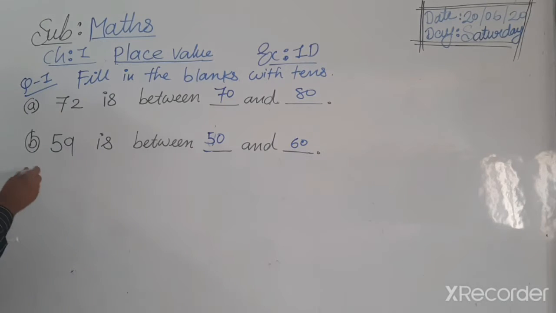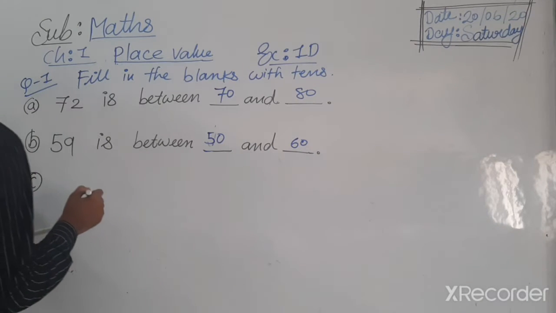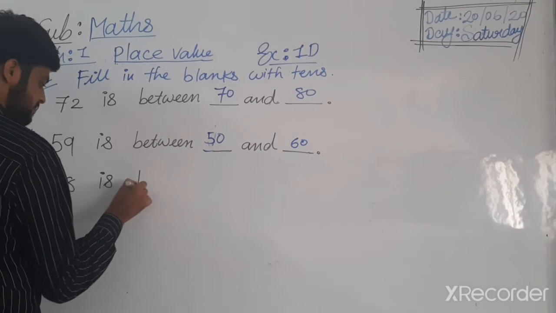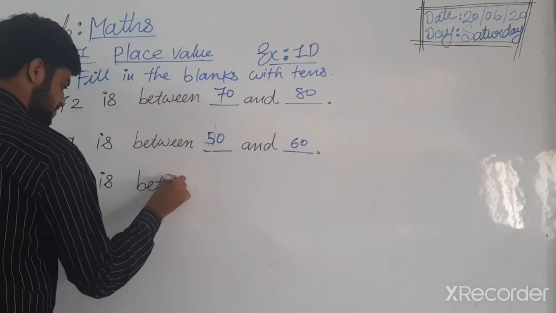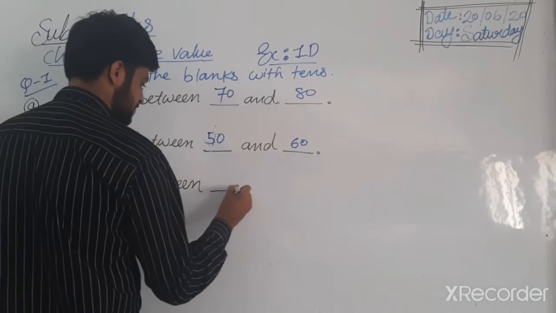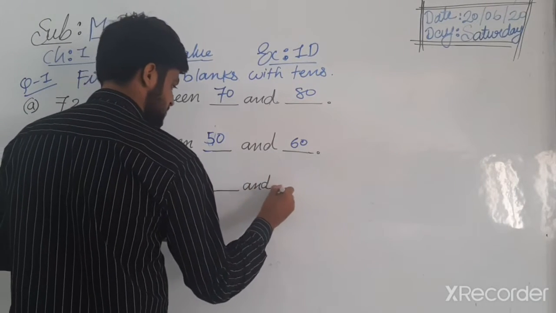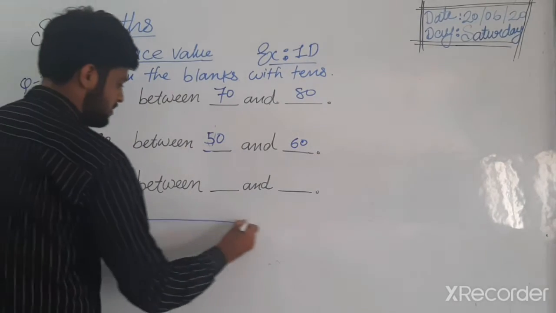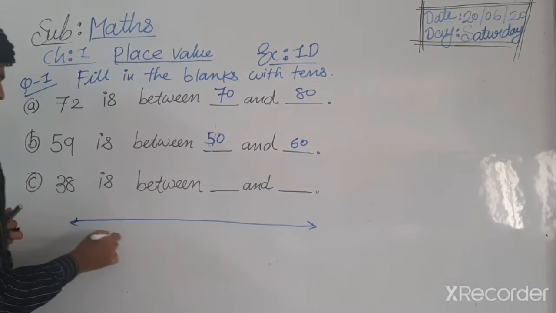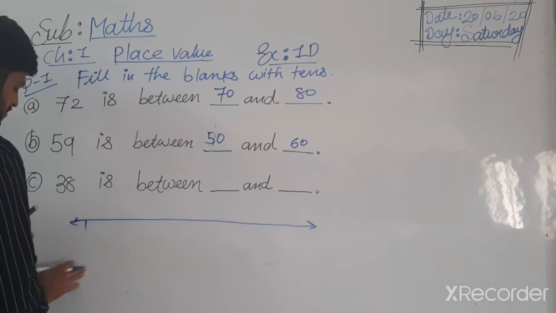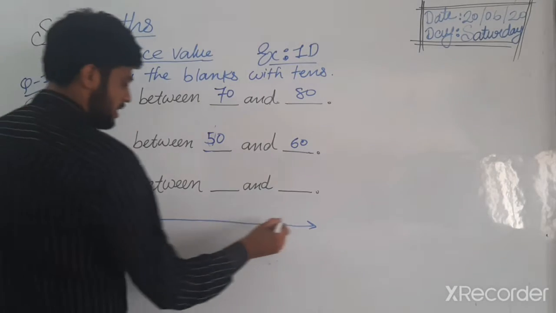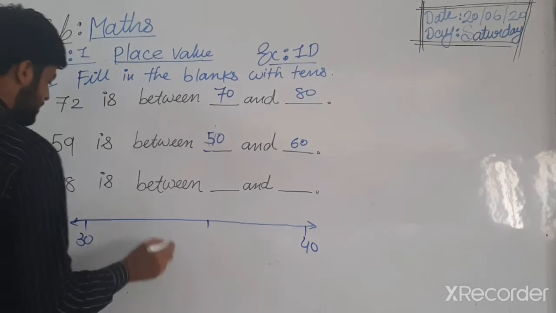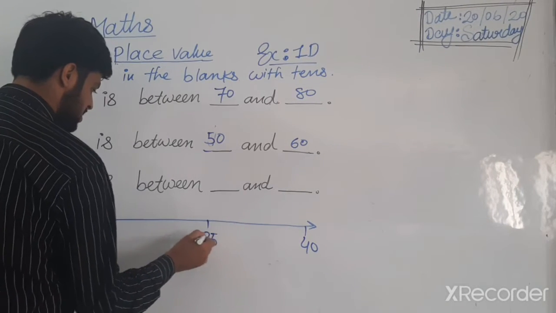Then further, question number C. Question number C is: 38 is between dash and dash. So now let's check on a number line. 38 is after 30 and before 40. Now we find the midpoint, 35.